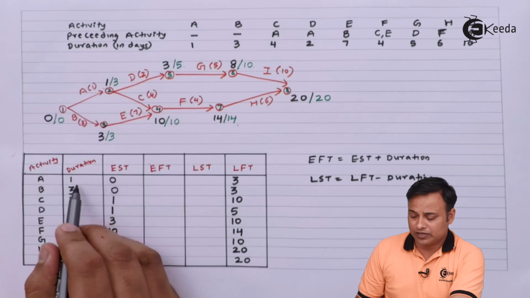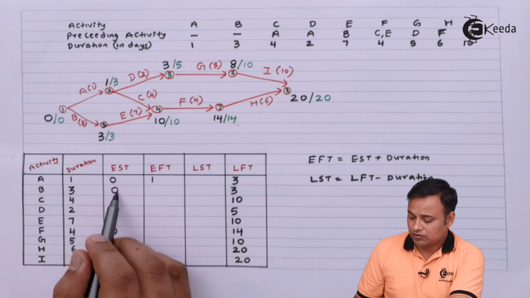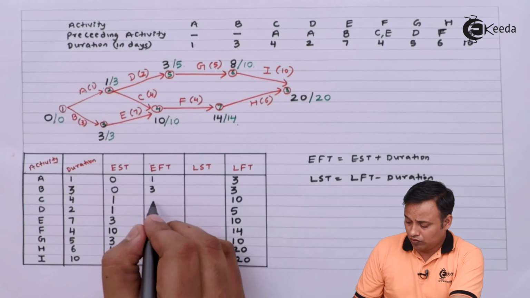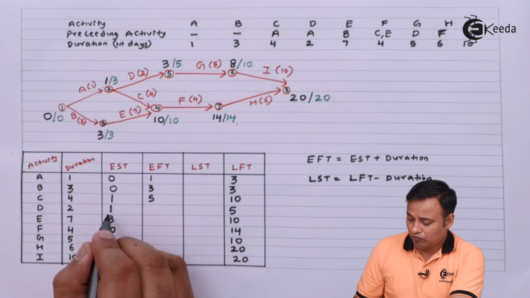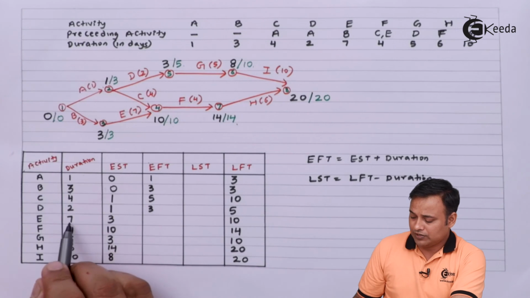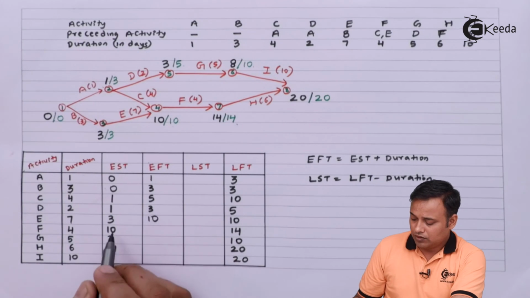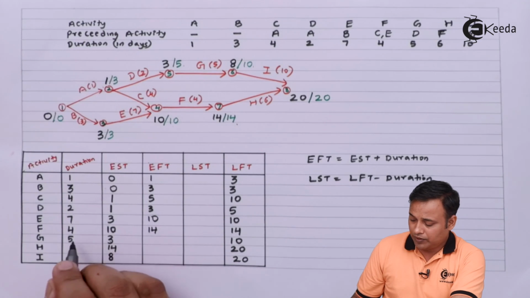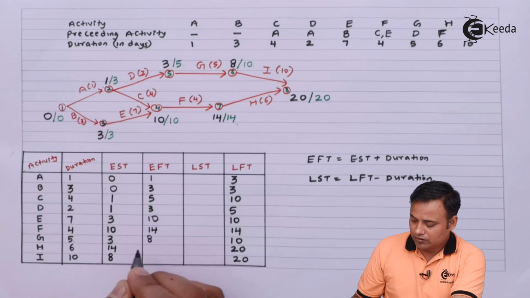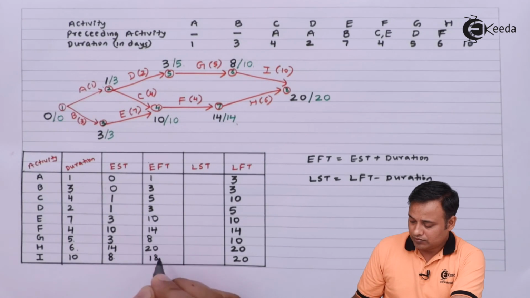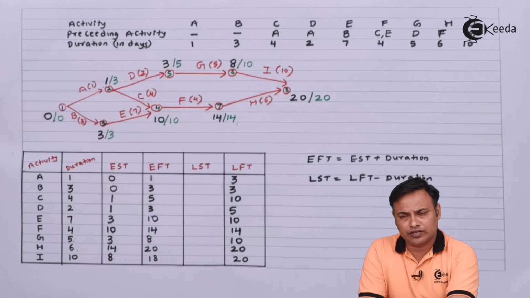It will be 0 plus 1, 0 plus 3, 1 plus 4, 1 plus 2, 3 plus 7, 10 plus 4, and 3 plus 5, 14 plus 6, 8 plus 10. So we're done with the earliest finishing time.